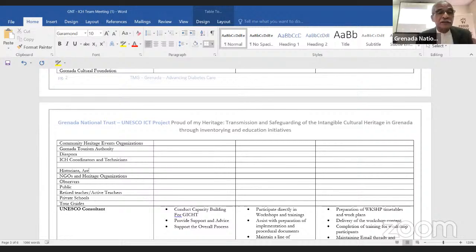And where does Grenada National Museum, Caracou Museum fit in? And the public library, which still exists in theory. Historians, archivists, librarians, and let's say just researchers.